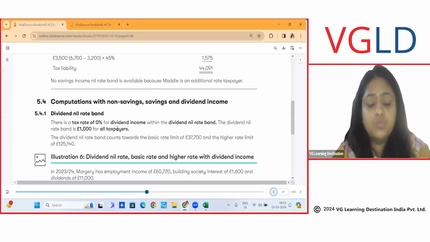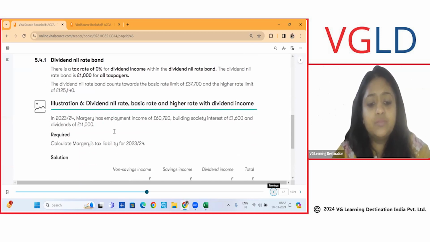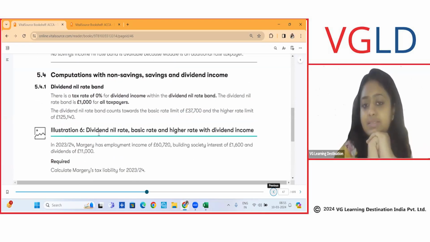Now please apply these rules and give me the answer for this question, illustration 6.